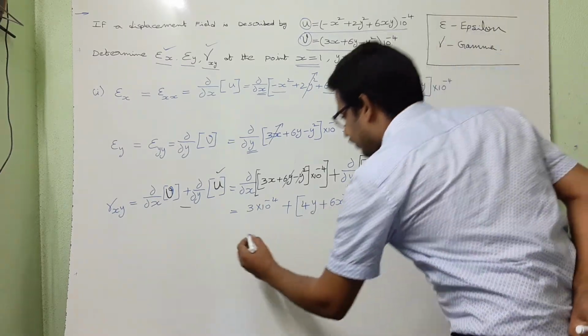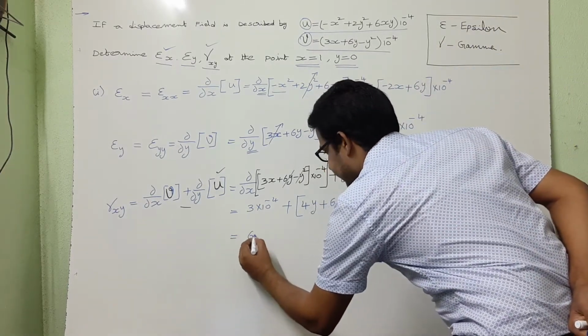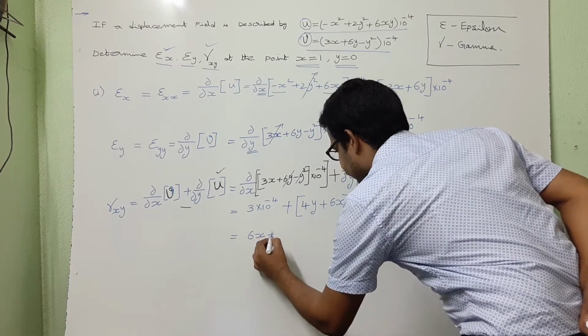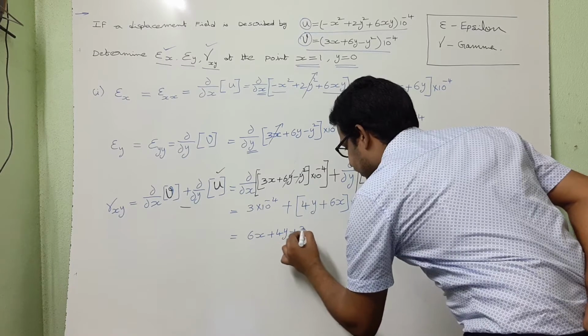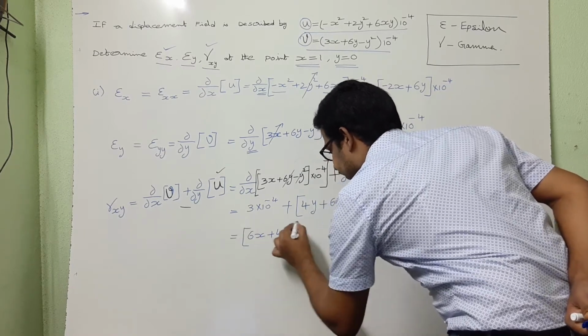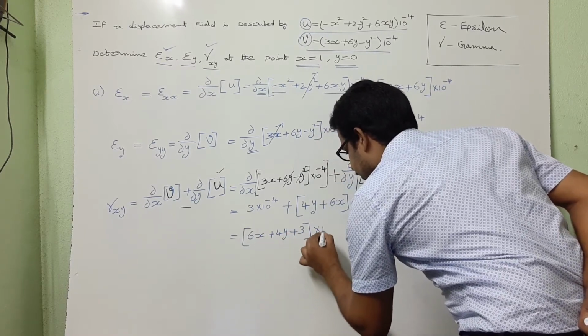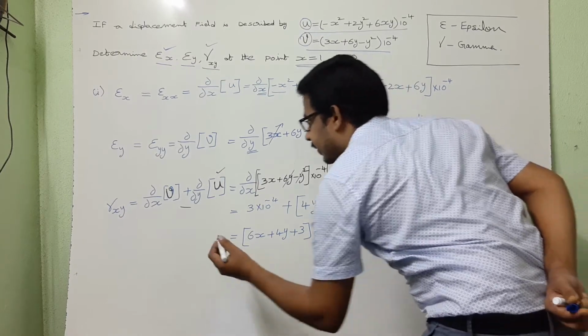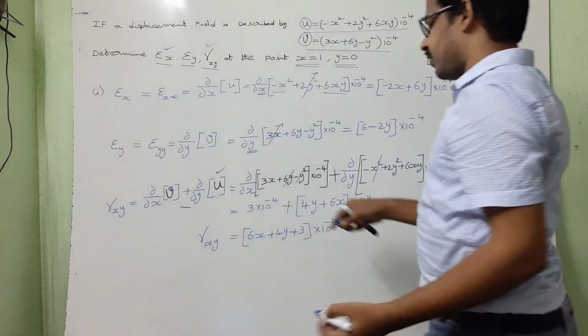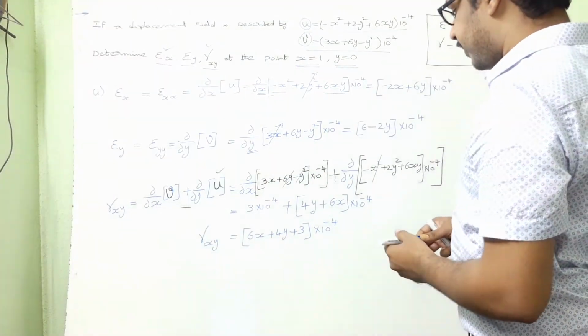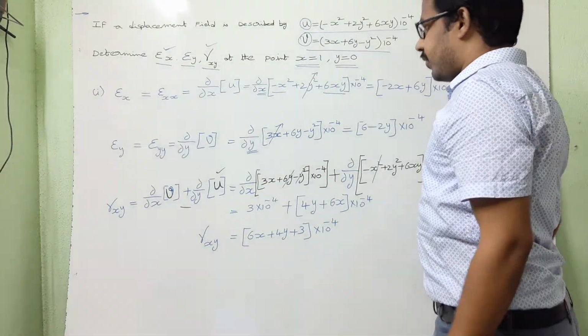So what is the value? 6x plus 4y plus 3 into 10 power minus 4. Gamma xy is equal to 6x plus 4y plus 3 into 10 power minus 4.